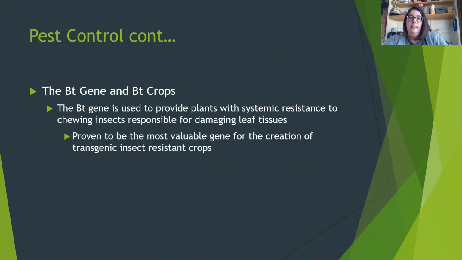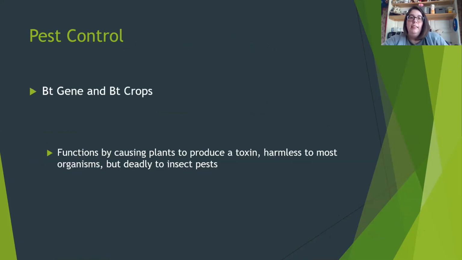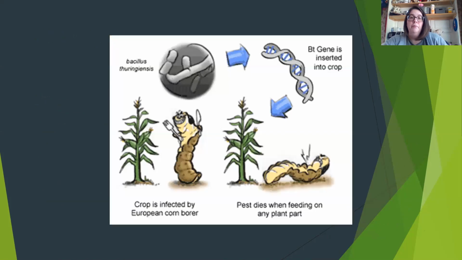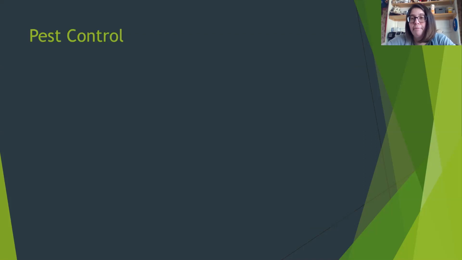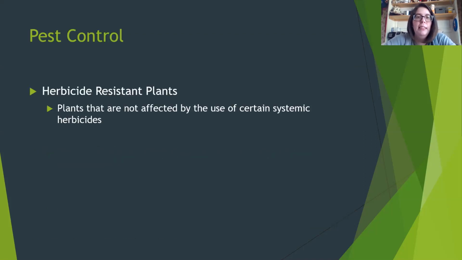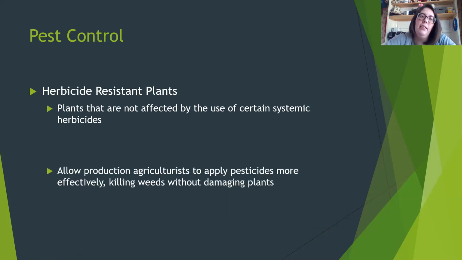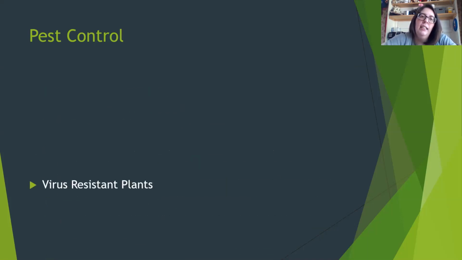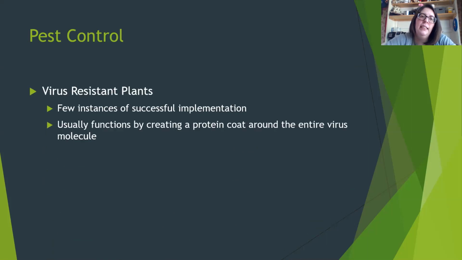It gets into their system, and the poor little things just die. Like this. Look at that poor little worm. The pest dies when feeding on any plant part. RIP.